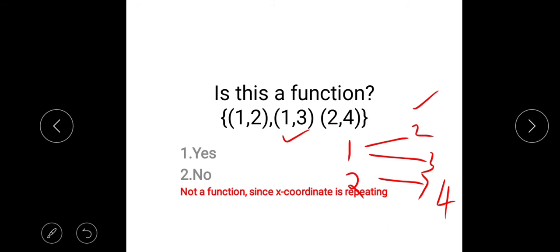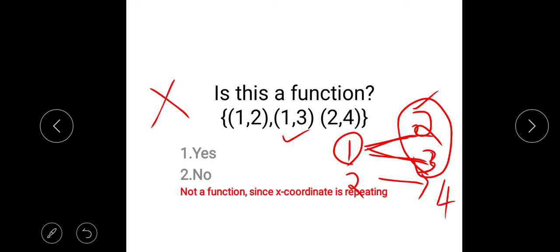In this example, the same number 1 has two outputs, one is 2 and the other is 3. That means this is not unique. Therefore, this relation is not a function.